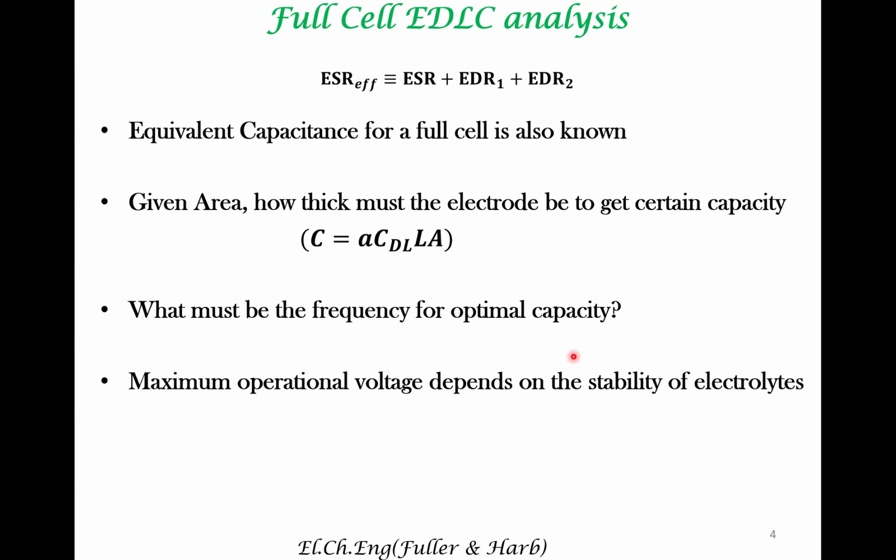If the potential drop is significant within the porous electrode itself, this may lead to the breakdown of the electrolyte. So for an aqueous capacitor, there is a voltage window of about 1.2 volts. You don't want to operate beyond this voltage window, because water itself might dissociate, which you don't want to happen.